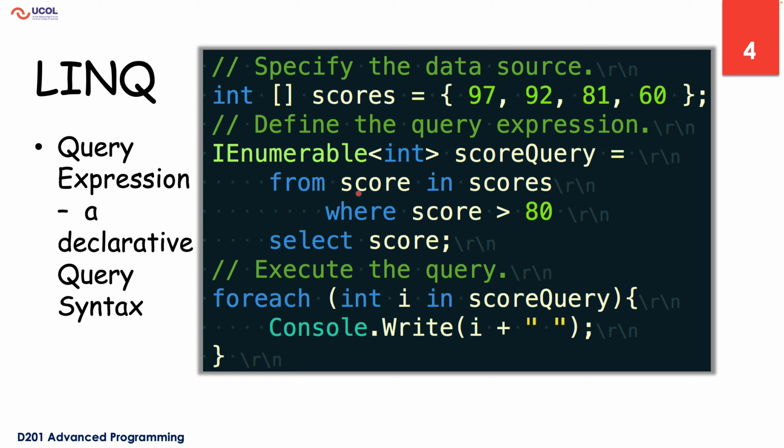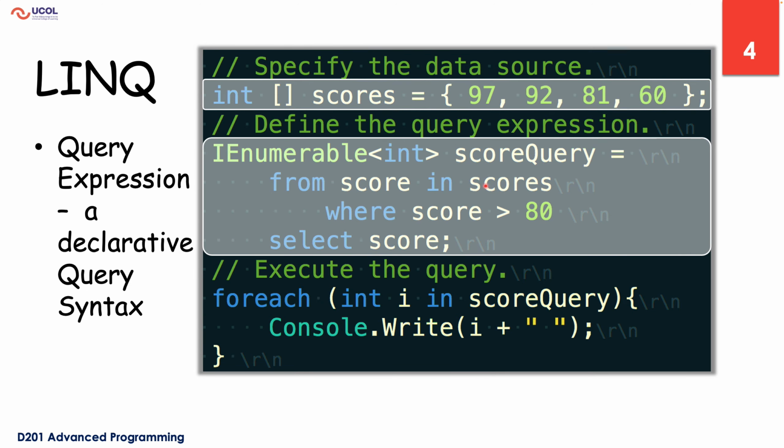So what we are saying is: from score in scores, where score is a variable that will query into the scores. This score is going to be equal to 97 first, and then where score is greater than 80, we are applying certain conditions. If that score is greater than or equal to 80, we are going to keep that score and return it in the list that is going to be returned from that LINQ query.